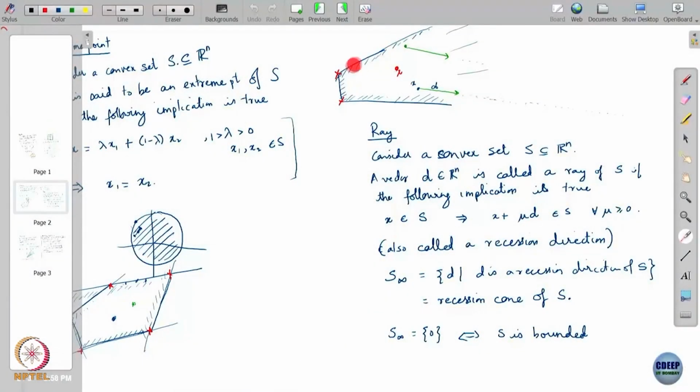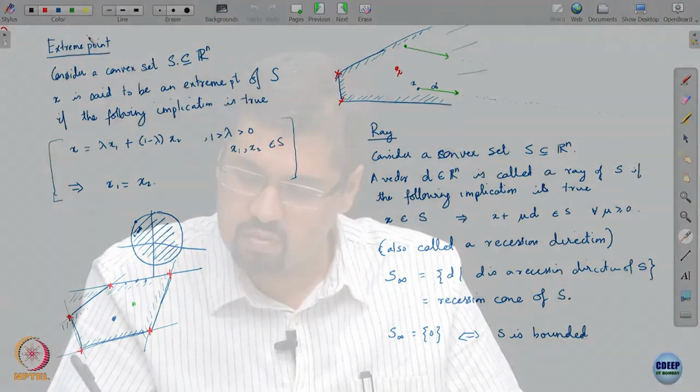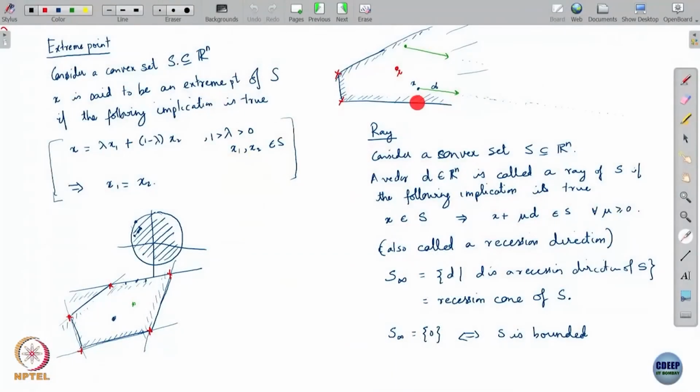Yeah, one would have to calculate this, but to me it looks like this ray and this ray would be extreme rays. If you take a ray below it, then it will not be a ray of the set. Anything inside here is not going to be an extreme ray. What I am seeing is that the horizontal ray, the bottom one, will be represented as a combination of two rays inside.